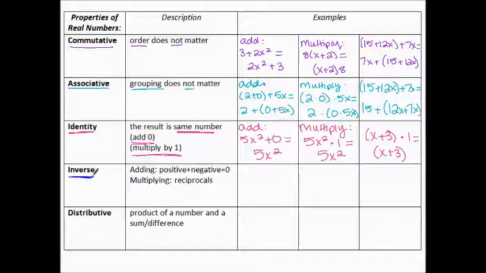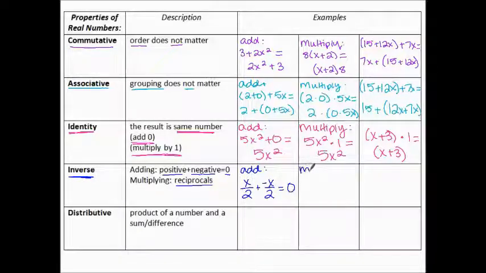My inverse property for addition says a positive plus a negative gives me 0. And for multiplication, we look at this word reciprocals. We'll look at an example of what that means in just a second. So for addition, if I have x over 2 plus a negative x over 2, I am equal to 0. So notice how it's the positive and the negative, and they equal 0.